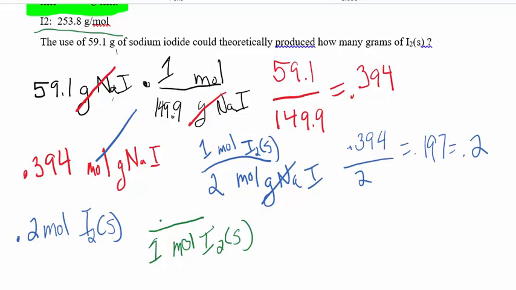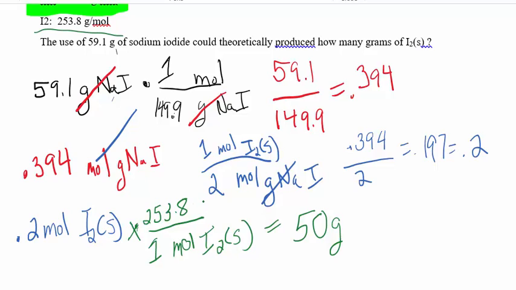And 253 I put up top. I multiply it across, and that's a multiply, right? So 253 times 0.2 is equal to about 50 grams.